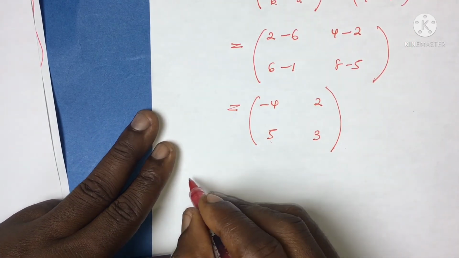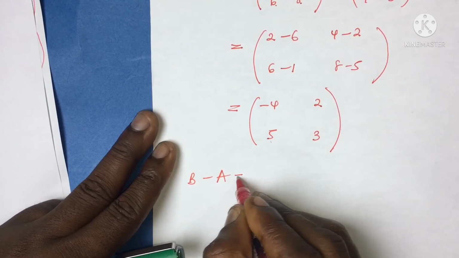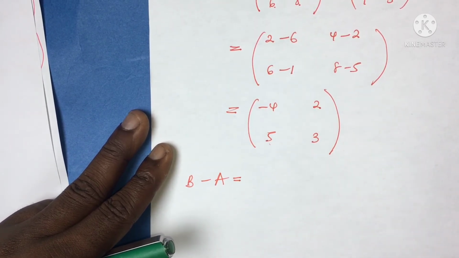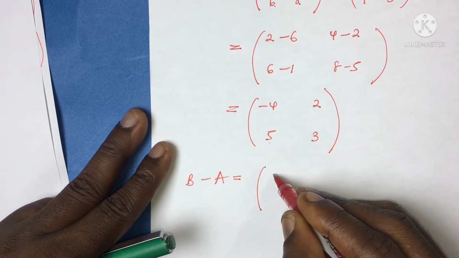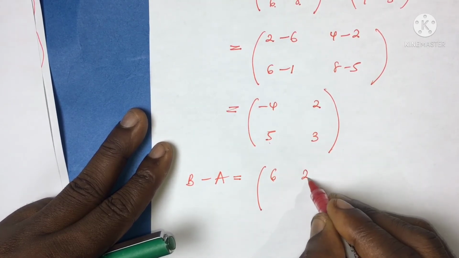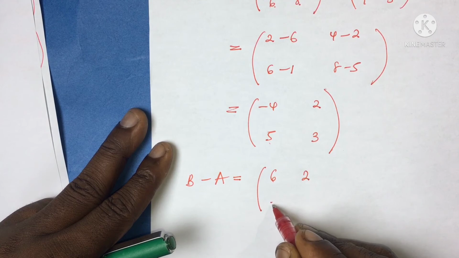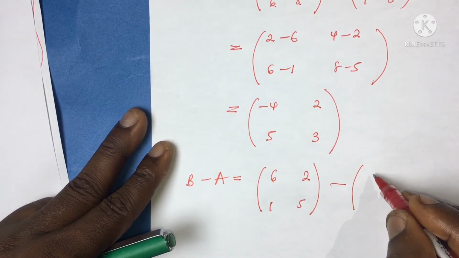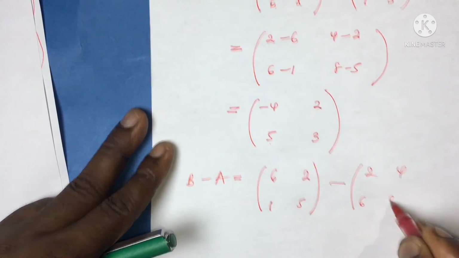What if we go over to B minus A to see if the commutative property also holds for B minus A? Now we are going to bring the matrix B forward. That is 6, 2, 1, 5 minus the matrix A, which is 2, 4, 6, 8.